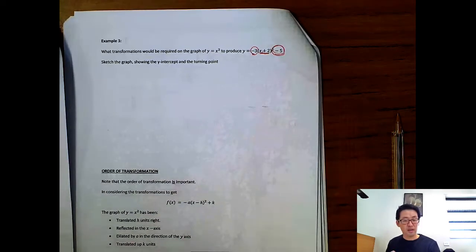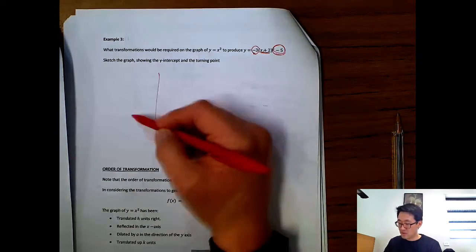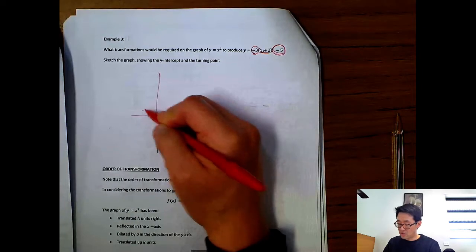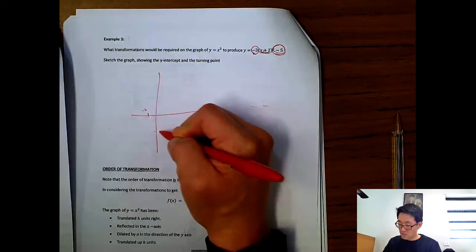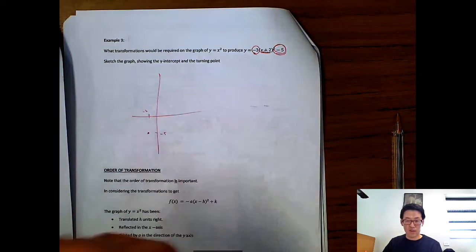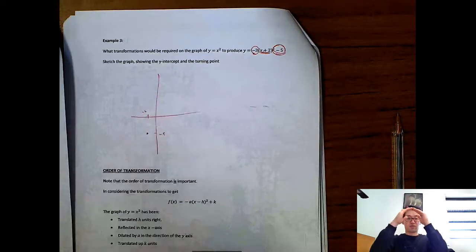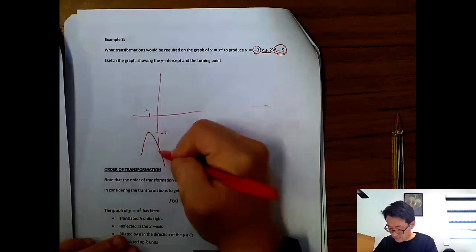And vertically, minus 5. Turning point, so minus 2 and minus 5. Yeah, and then you can draw that. Turning point is minus 2 and minus 5, and this is reflected, and the dilation factor is 3, so go that way. So I'll have something like that.